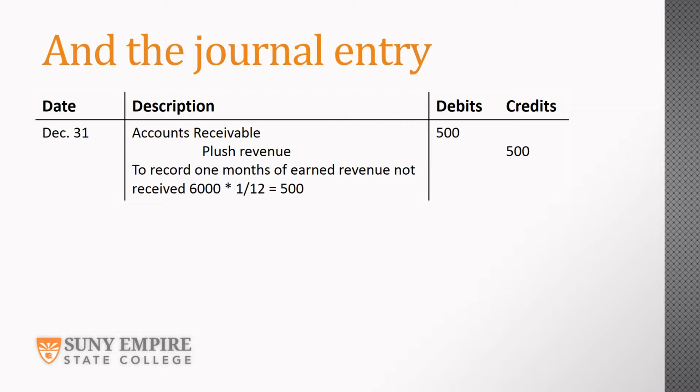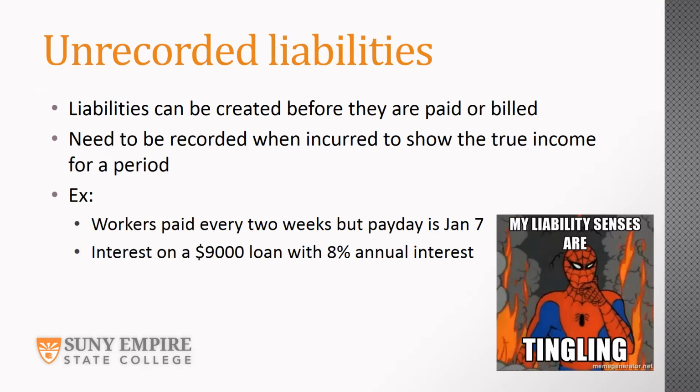Then we have the credited account, plus revenue, with its matching amount. The entry finishes with its description that we are accounting for 1 month of unrecorded revenue and the calculation used to find the amount of the transaction.